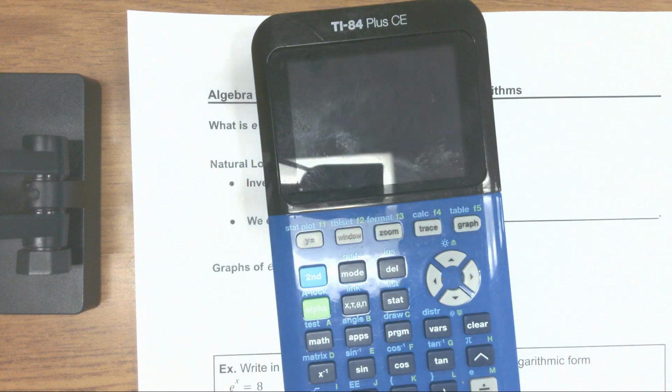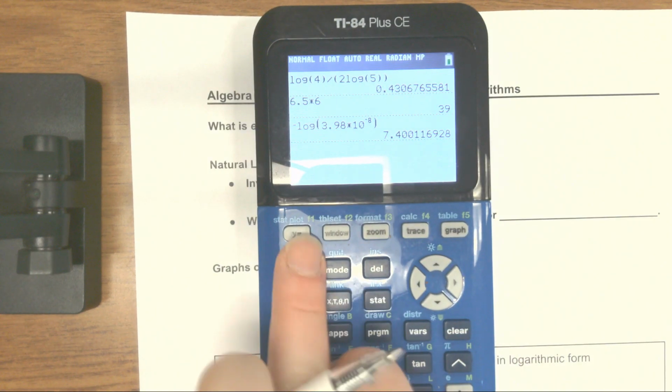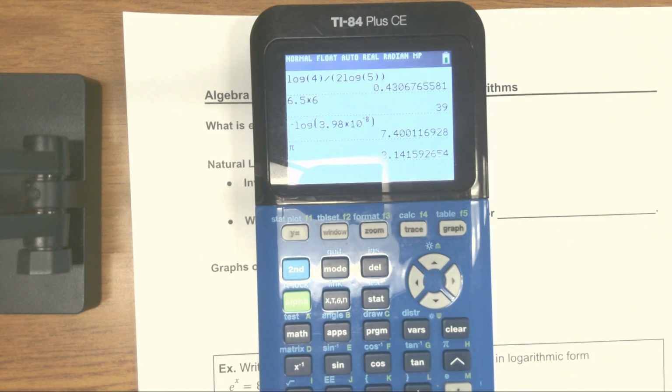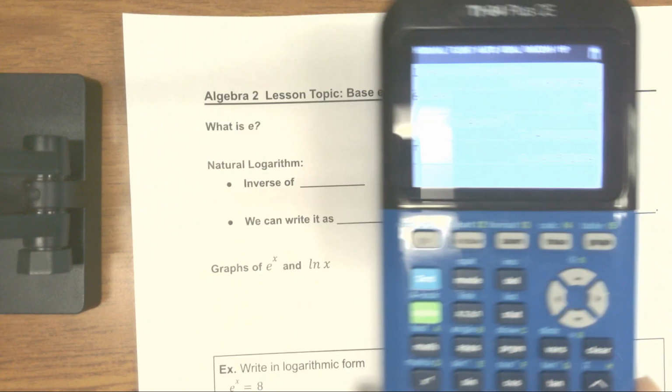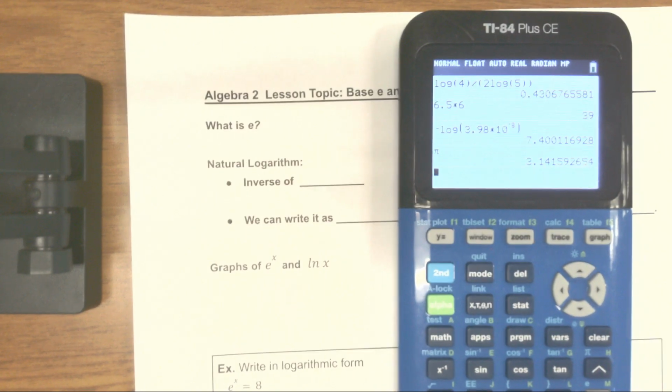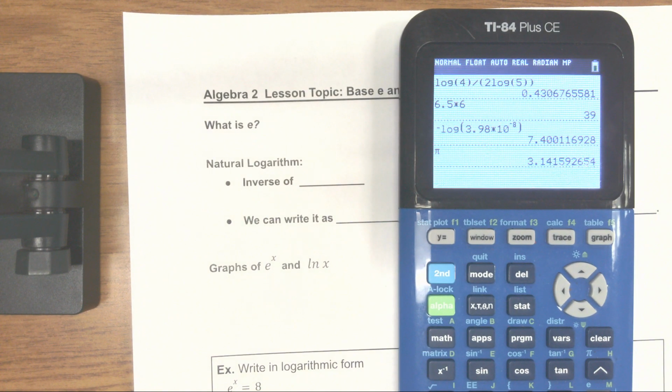If you have a pi button on your calculator and type it in, your calculator will give you more digits than that. But pi is an irrational number, and what that means is it goes on in a decimal value forever, and it has no pattern.